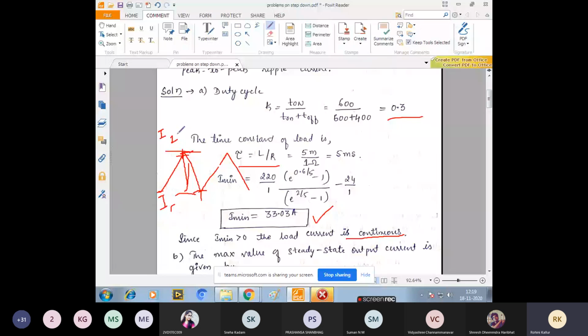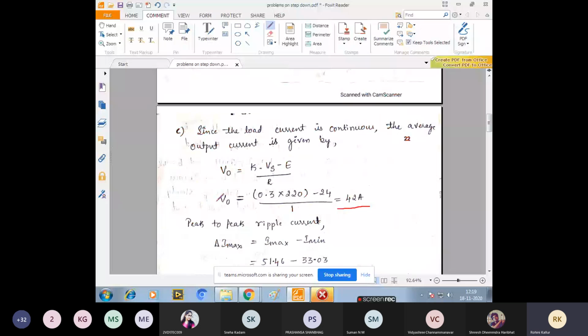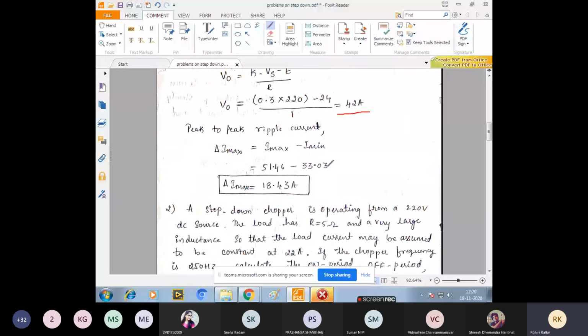So I2 minus I1 will be giving me the value of delta Imax. Here we have considered two values. One is called Imax and the other one is I minimum. So delta Imax will be equal to Imax minus I minimum. So it is 51.46 minus 33.03. I'll substitute and then I'll subtract. So the value is equal to 18.43 amps.